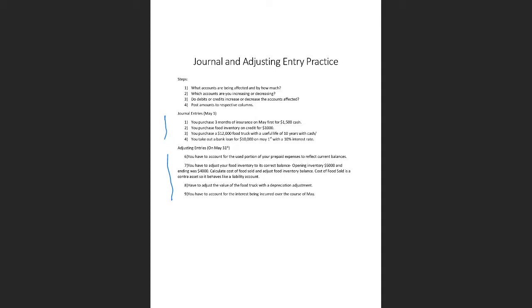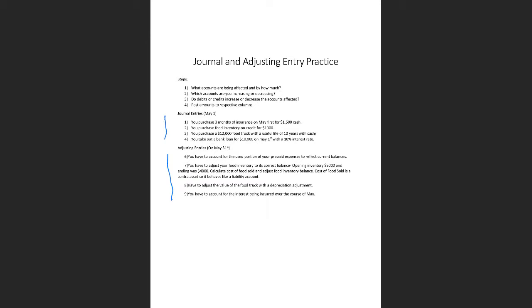You need to determine which accounts are increasing or decreasing. You've got to think about, is this account going to go up or is it going down? If you're using something, typically it's going down. If you're gaining something, it's going up. Based on that increase or decrease, you use the rules of debits and credits to adjust the accounts affected by the amount of the transaction.